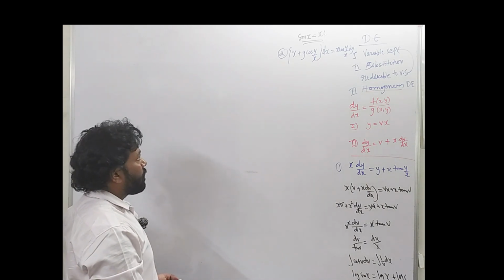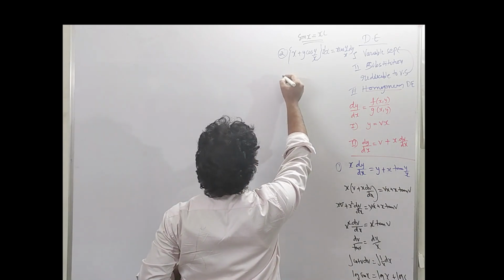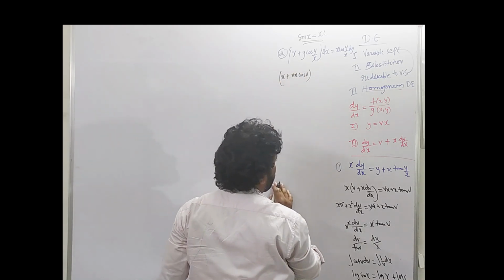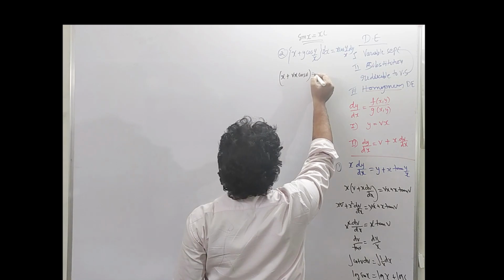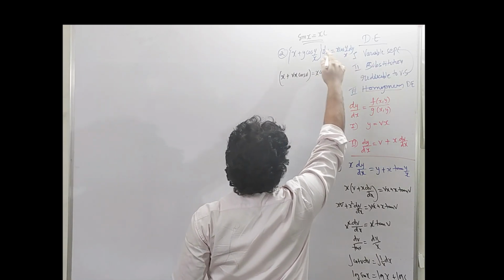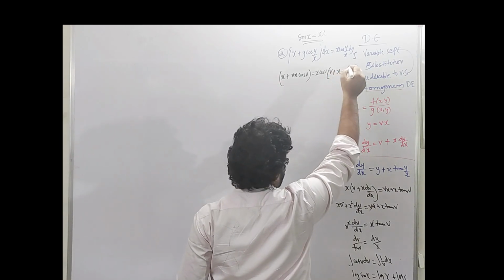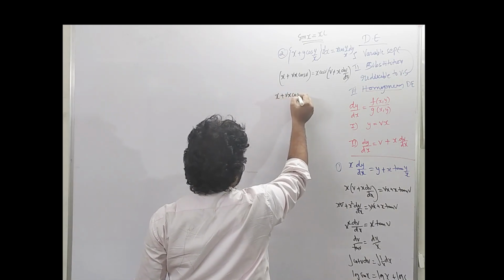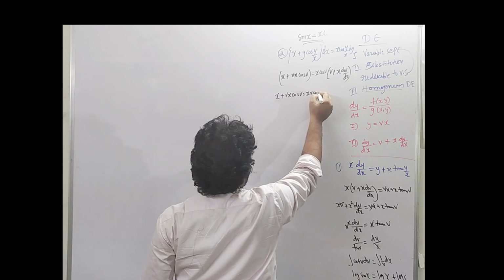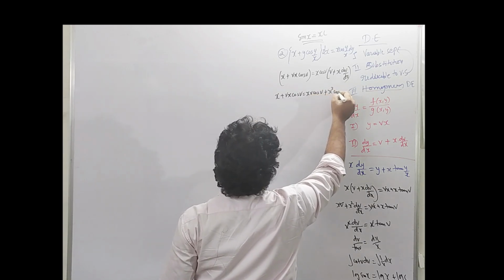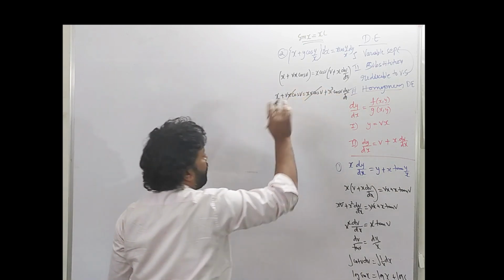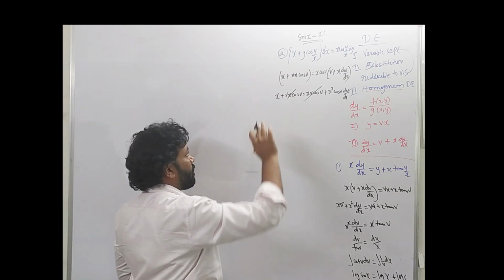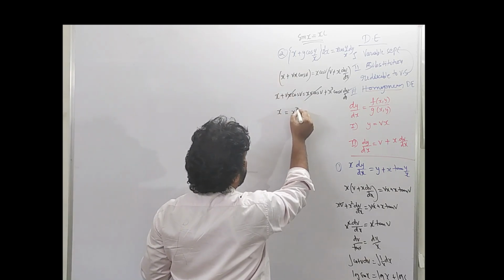So this question belongs to the homogeneous category, and the same substitution once again we will use: x as it is, y equals vx, cos v, and dx will take it on the other side, x cos v, and dy by dx gets substituted as v plus x dv by dx. Let's open the bracket. For sure some terms will get cancelled out. Here you can see the some terms will always get cancelled out. In case they don't get cancelled out, for sure you have made some mistake in the solution.